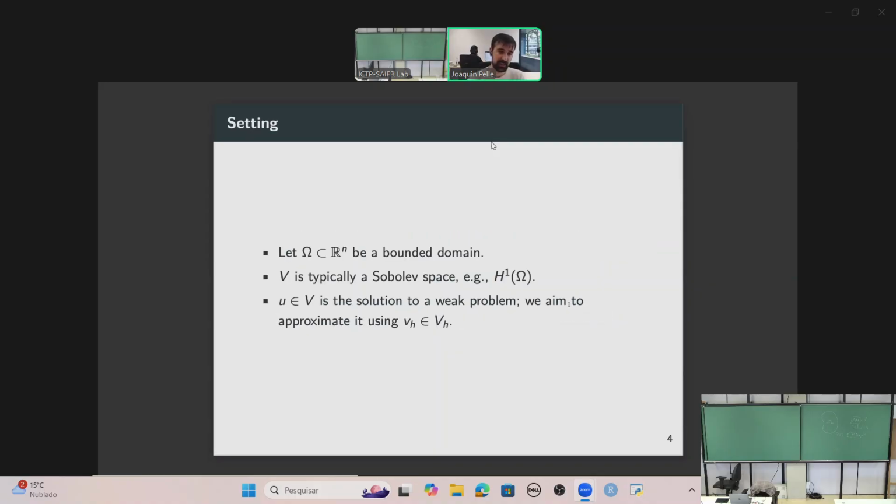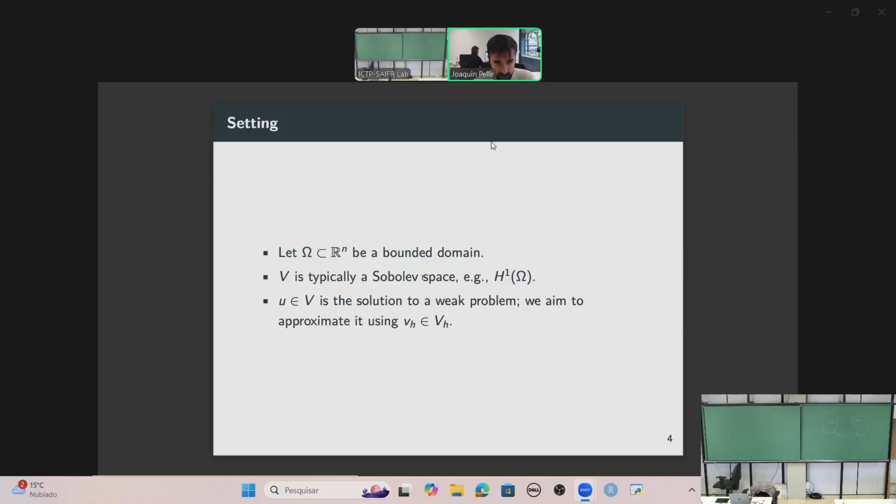So the setting is I'm going to be calling omega a certain bounded domain in Rn, although most of the time I will be talking about R2, just for concreteness, but everything can be extended in a straightforward manner to higher dimensions. But then our function space will be typically a Sobolev space, which I'm going to briefly remind you what it is in a moment.